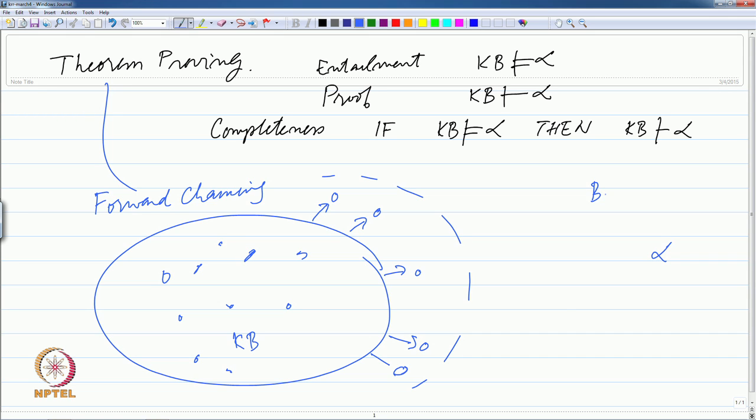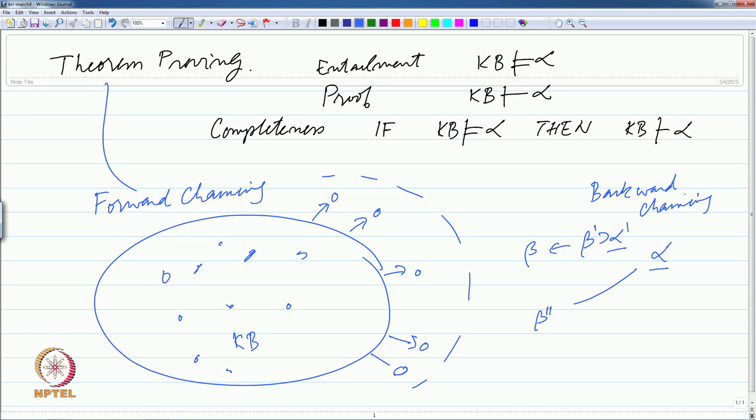In backward chaining, you try to find rules which will make alpha true, which means you try to look for rules of the kind beta prime implies alpha prime, and you try to unify this with this, and then produce a sub goal beta, or you can have another sub goal beta prime prime and so on, depending on how many rules you have essentially.